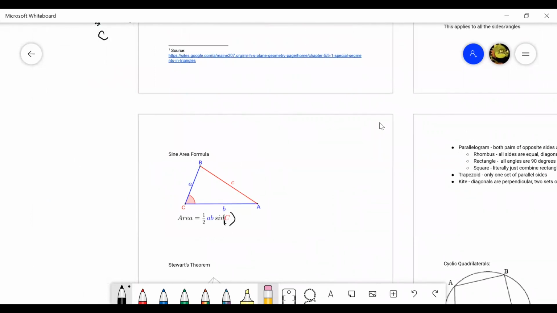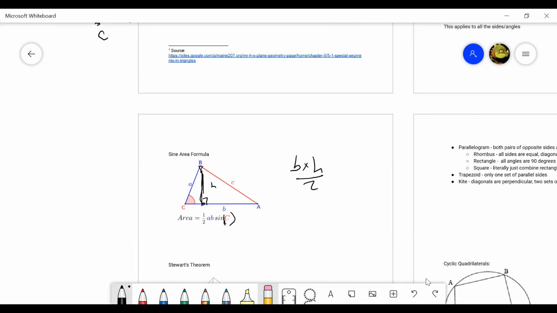All right, with the sine area formula, this comes directly from just drawing a perpendicular from B to AC. If I can draw a straight line like this, note the area of this triangle is just going to be B times this height H over 2, because base times height over 2 is the area of a triangle.